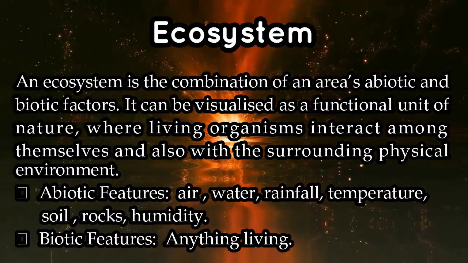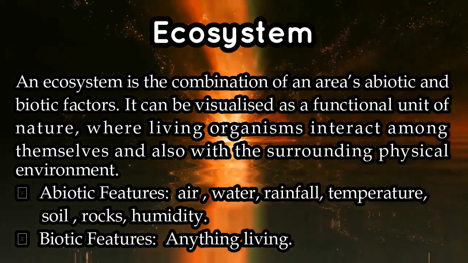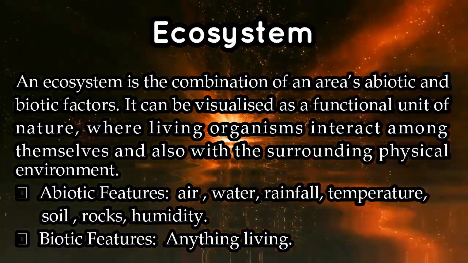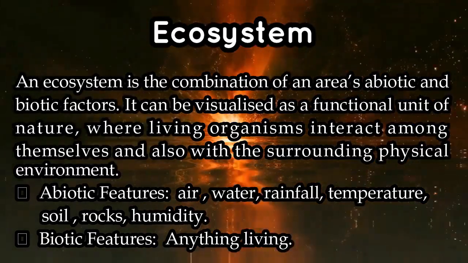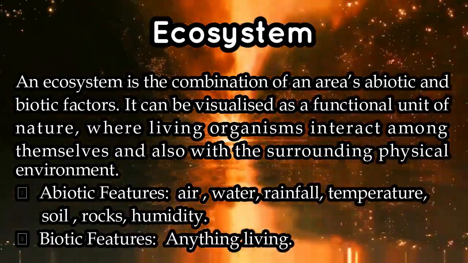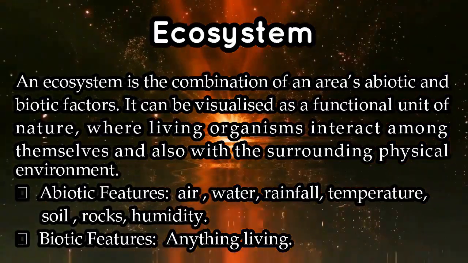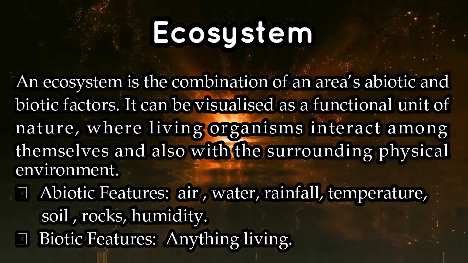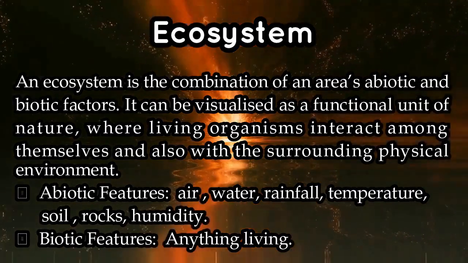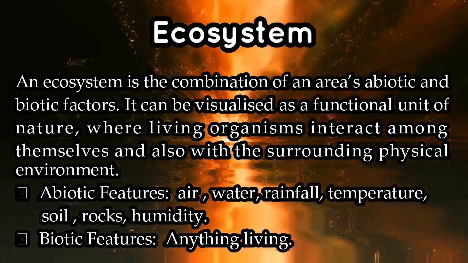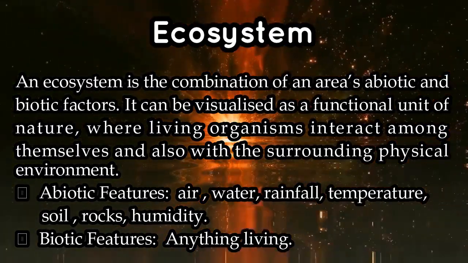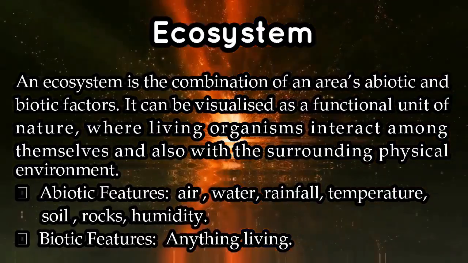For example, whenever I teach this in class in front of students, I say that you and I are talking, so this biotic is interacting with biotic because we both are living. As well, I am writing something on the board with a pen and you are writing something in your copy. So your copy, pen, board, everything are abiotic. So biotic is interacting with abiotic as well as biotic with biotic. This is what an ecosystem is.